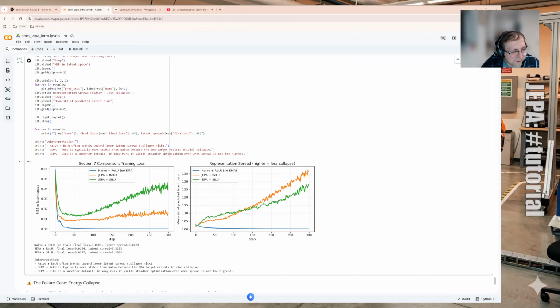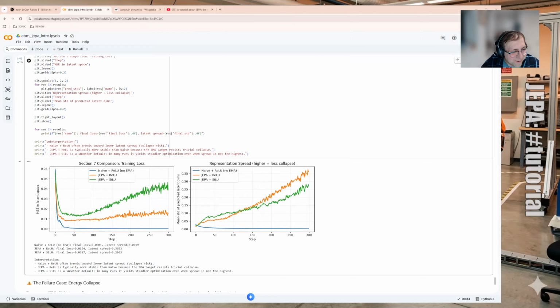So essentially, we introduce that link, the exponential moving average, and in this case, you can see that the MSE increases, but the representation spread is going up, right? Here we go. What that means is it's working, right? So it's not going to 0, and it's going up, which is a good thing.